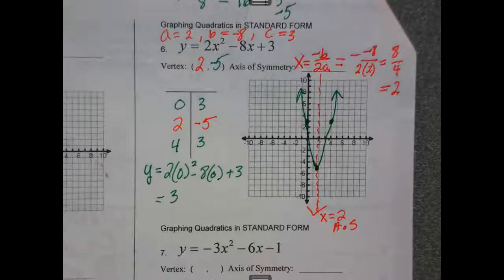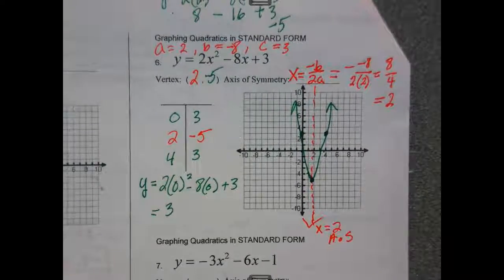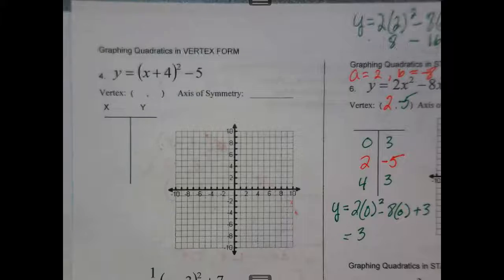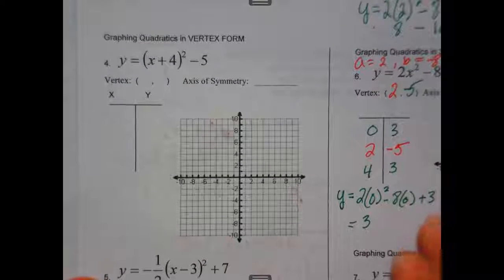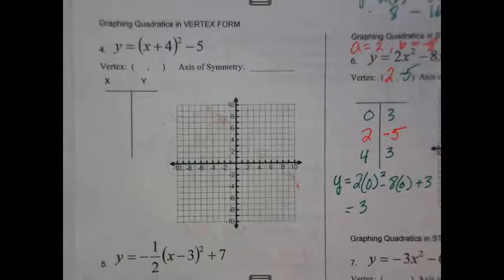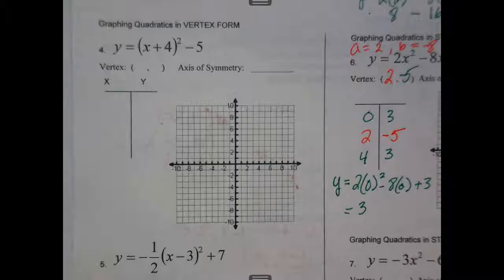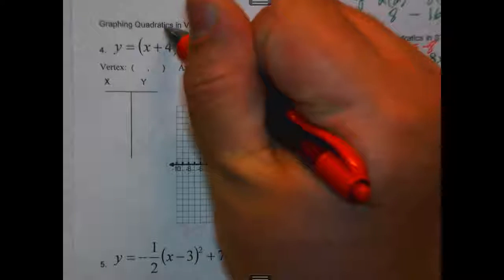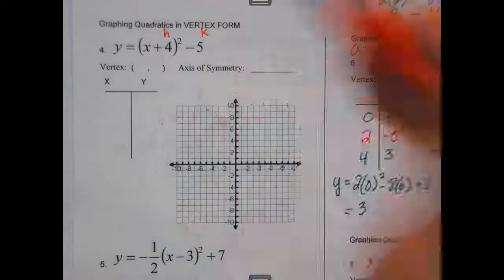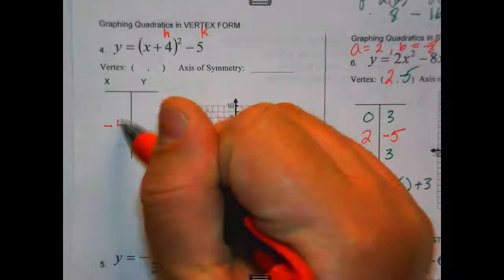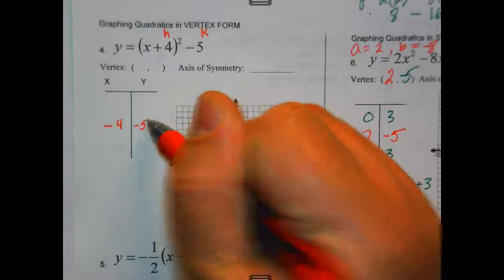All right, let's do number, let's see, 6, 7, 8. Where's 8? Oh, we didn't do 4. That's what screwed me up. All right, vertex. This is vertex form. So here's my h. Here's my k. So -4, -5.